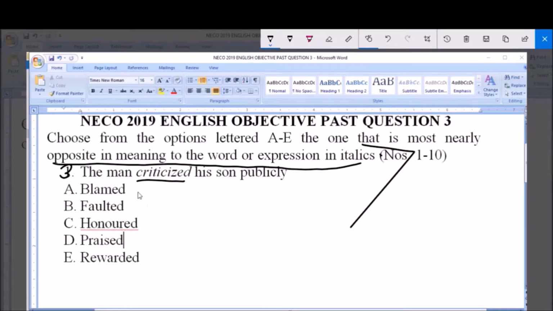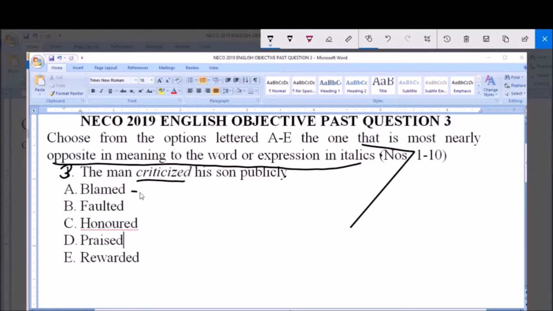The sentence says: The man criticized his son publicly.